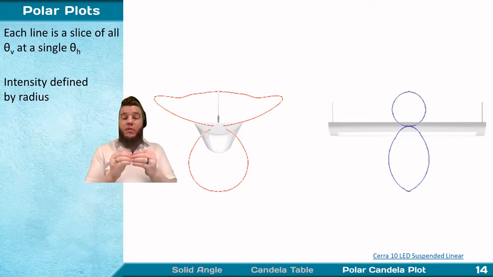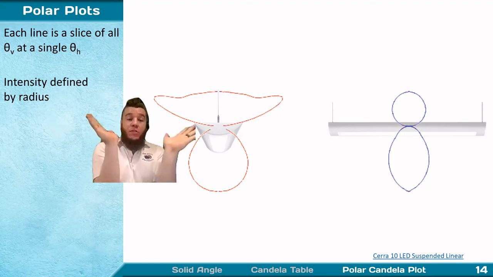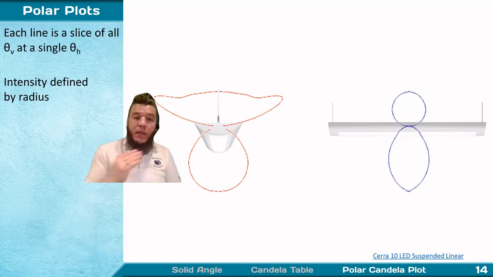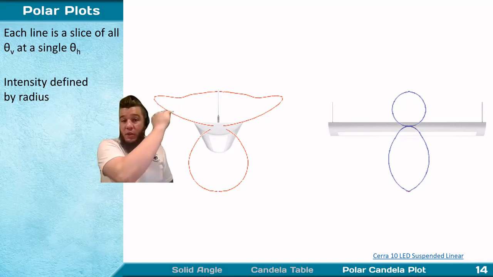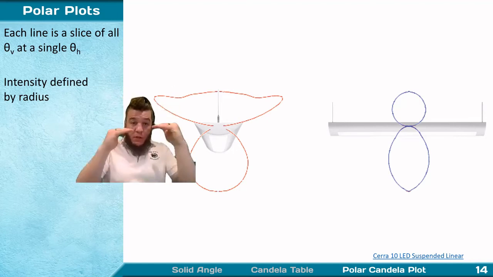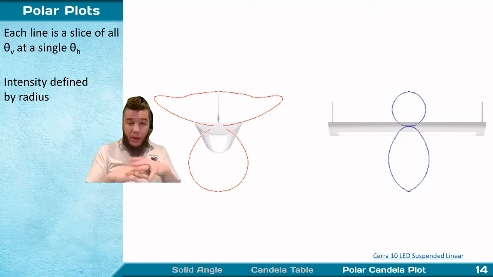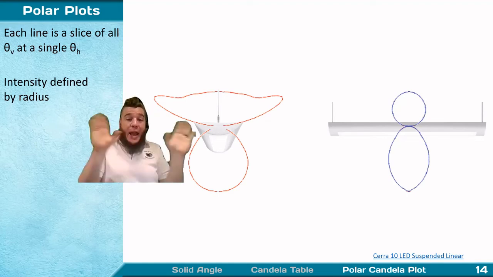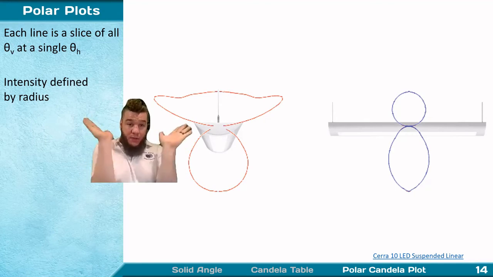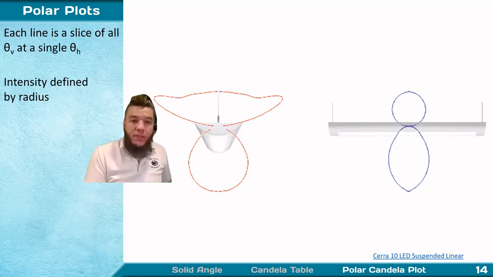And what this is trying to do is push light out to cover the ceiling, because the assumption for a pendant luminaire like this is that you're much closer to the ceiling than you are to the work plane. So you need to push light down to the work plane, and you've got room for light to mix, but you might only be a foot from your ceiling or even less. So you want to push this out as wide as you can to provide even coverage on the ceiling.